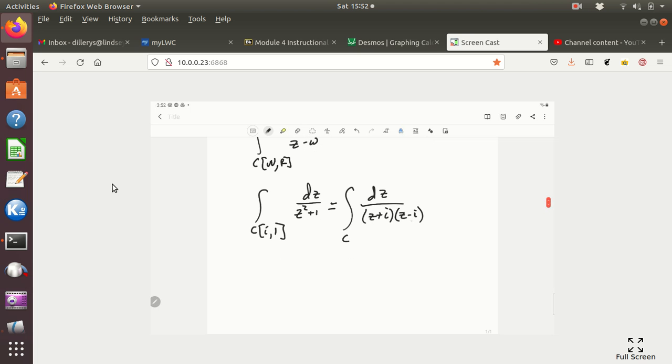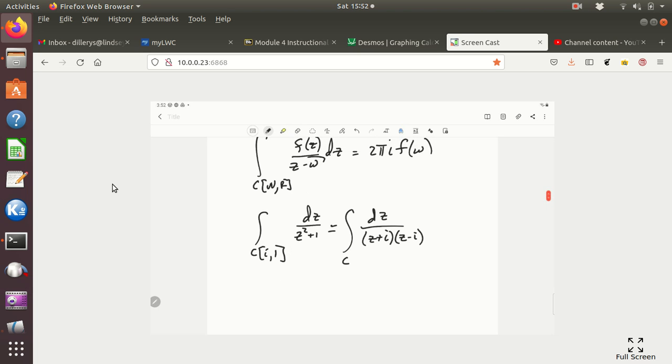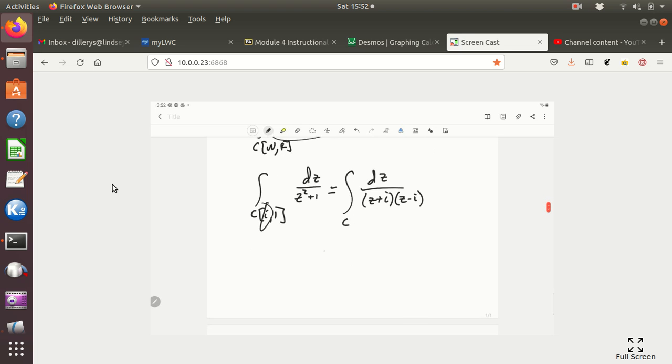We've got our z minus I, which is going to function as that z minus w because we're centered at I. Then we just need to figure out what our f of z is. So this is equal to the integral over C of 1 over z plus I, and then over z minus I dz. And there we've done it.